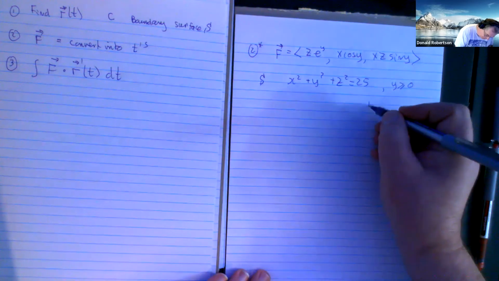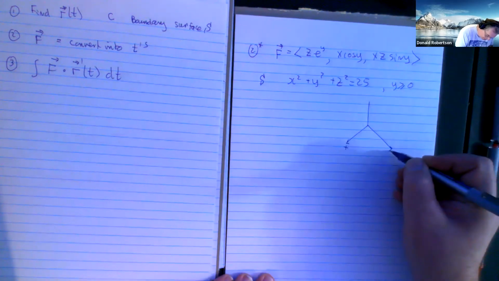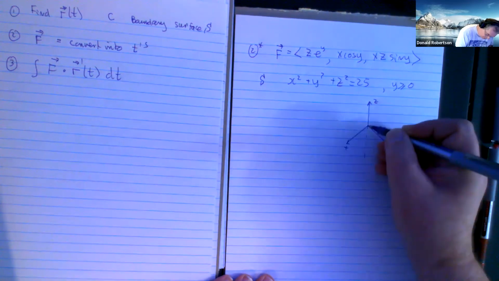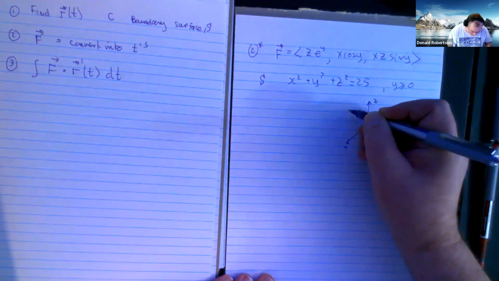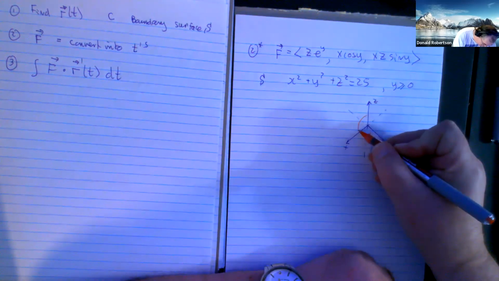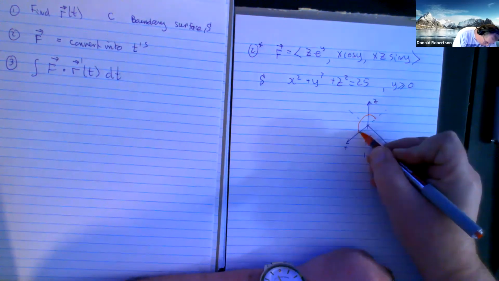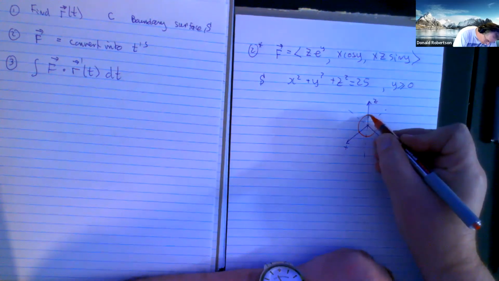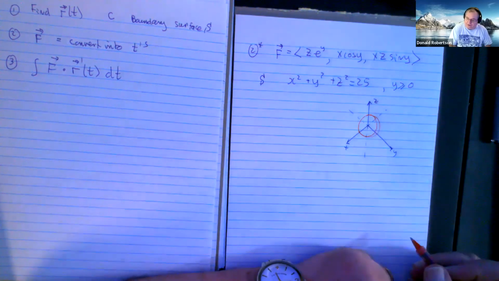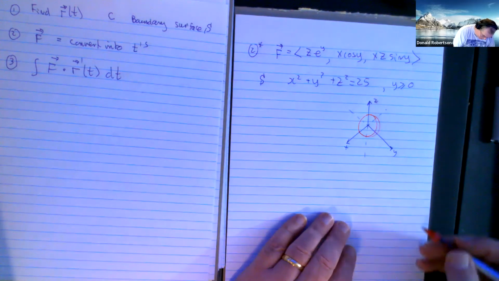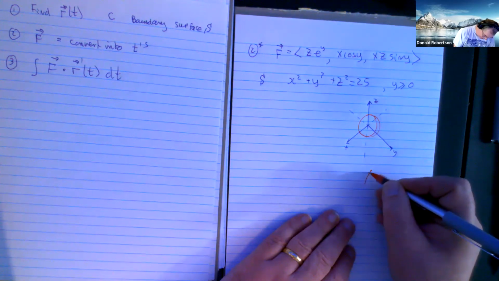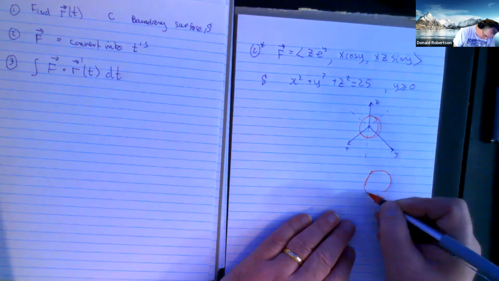So here's my x, here's my y, here's my z. If you make y equal 0, you're going to get a circle that kind of comes out this way. I can't draw spheres to save myself, but it's hard to draw a sphere in 2D anyway. If I orientate it slightly differently, there.